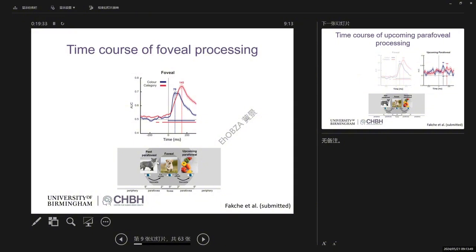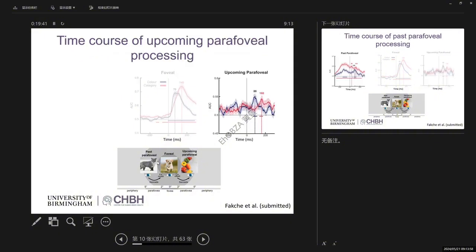We can also make that case, as I will do now, by seeing when we can decode the upcoming parafoveal objects, right? And it turns out we can do this. This decoding result is consistent also with these pre-saccadic decoding results.